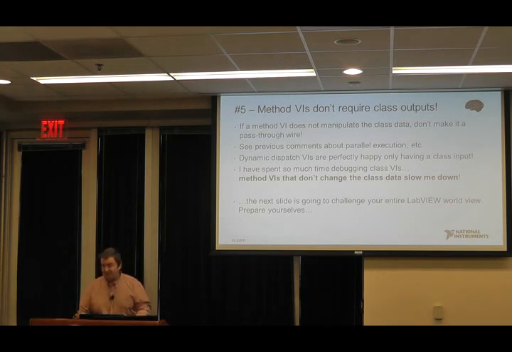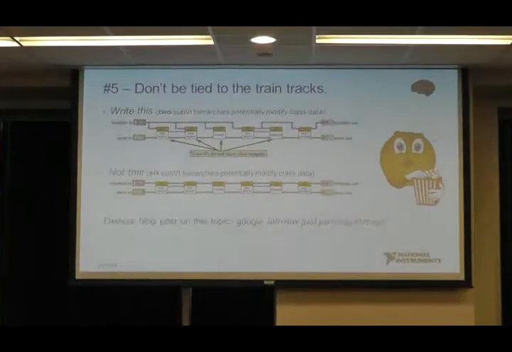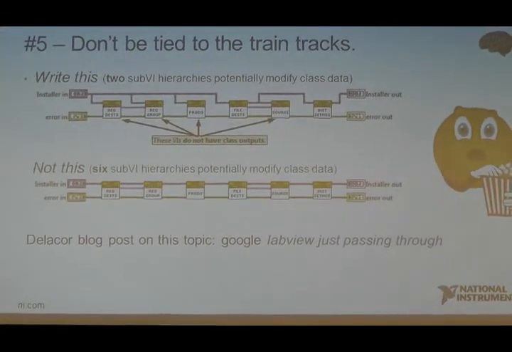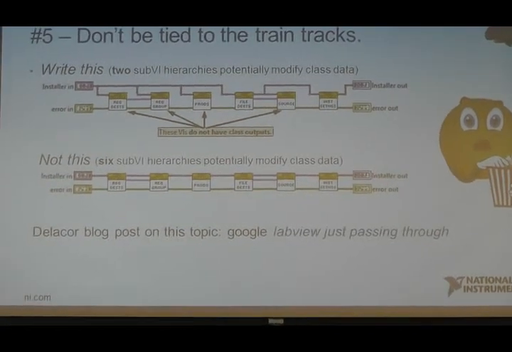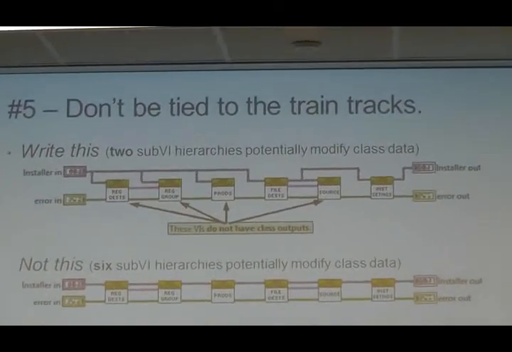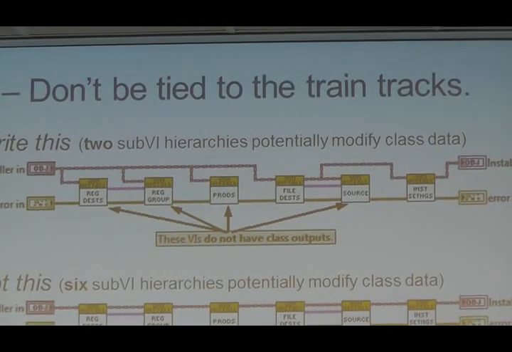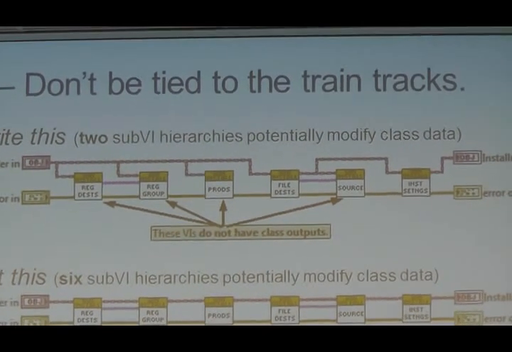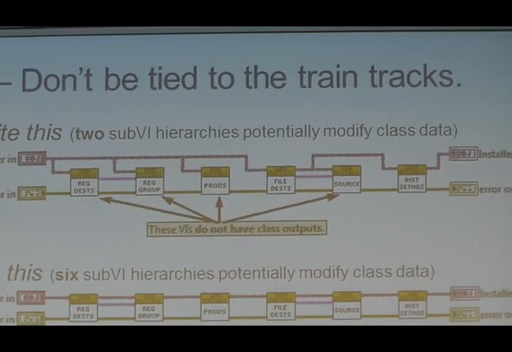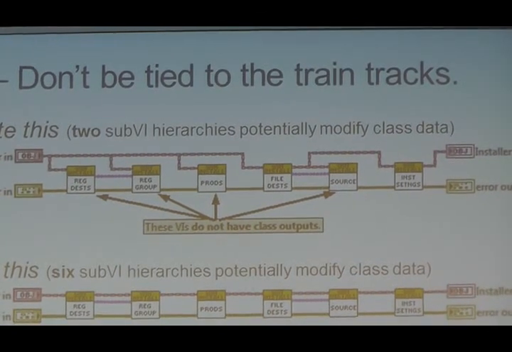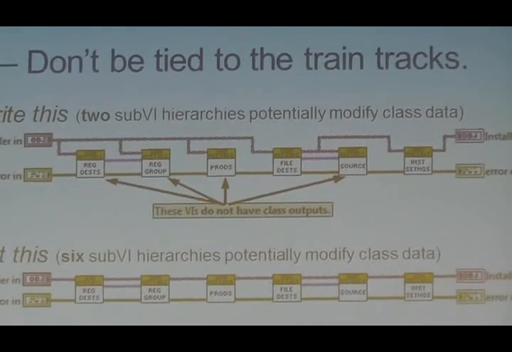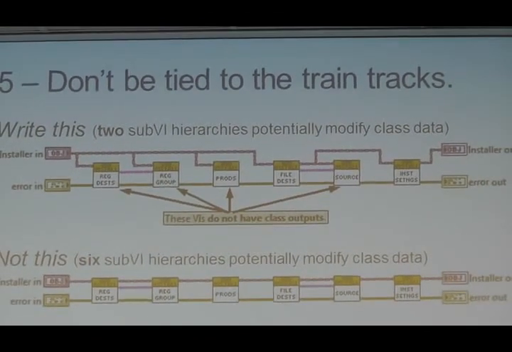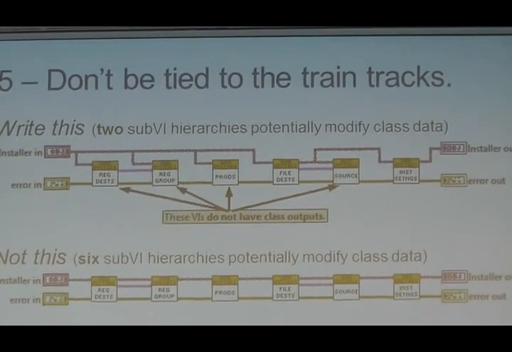So, prepare yourselves. I want you to start writing code that looks like the top picture and not the bottom picture. The reason I want you to write code like this is because if I'm debugging this application and I need to figure out where my class data got messed up, in the bottom picture there are 6 sub-VIs, and not even sub-VIs, sub-VI hierarchies, because there are going to be lots of sub-VIs that those are probably calling. 6 possible sub-VI hierarchies I have to start digging through to check and see where my class data got messed up.